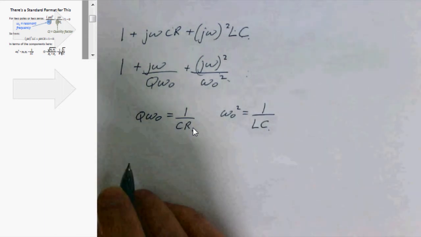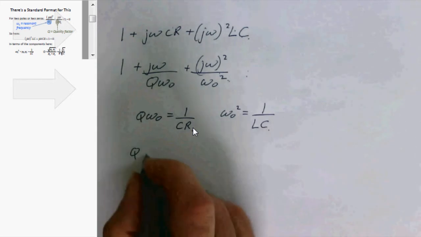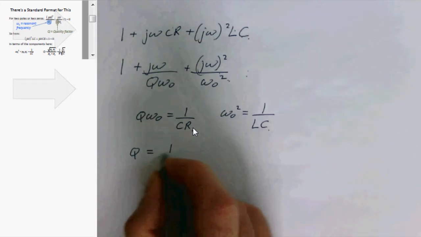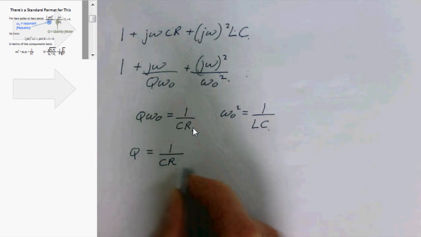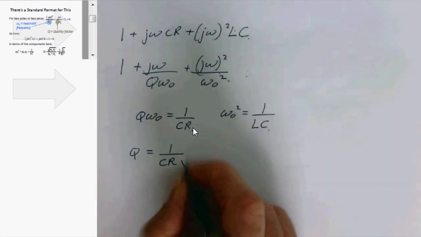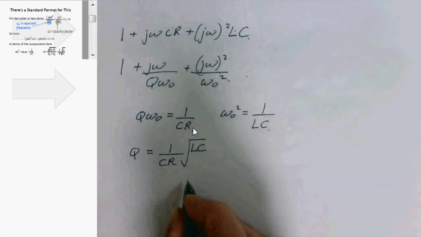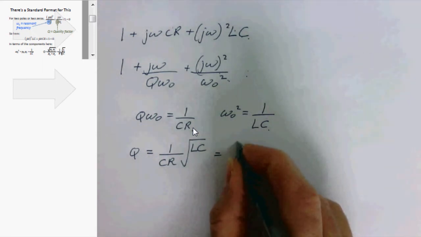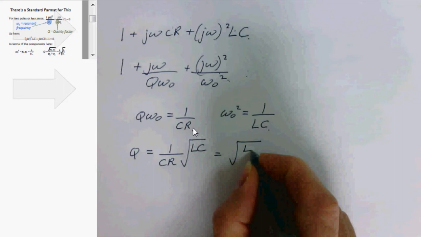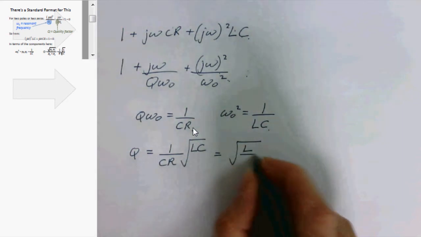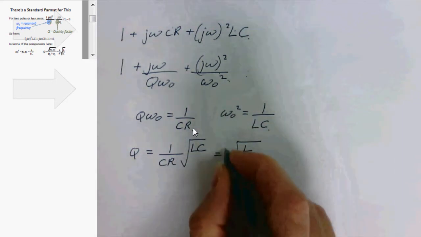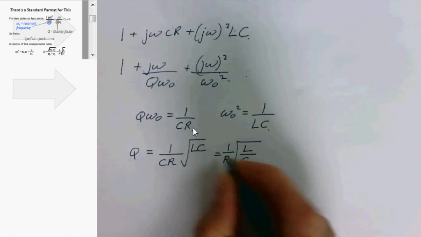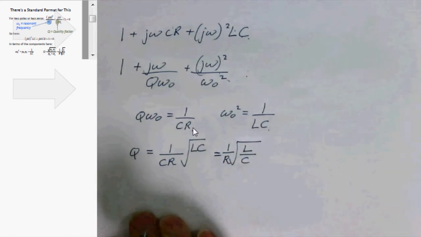Well, quite clearly, Q times omega naught must be 1 over CR, and omega naught squared is 1 over LC, which means that Q must be 1 over CR times omega naught, and omega naught is the square root of 1 over LC, so I could write it like that, and that's just the square root of L divided by the square root of C and a 1 over R on the outside like that.